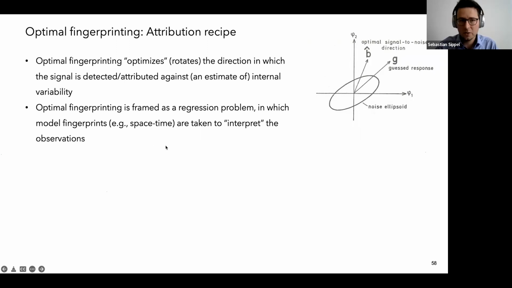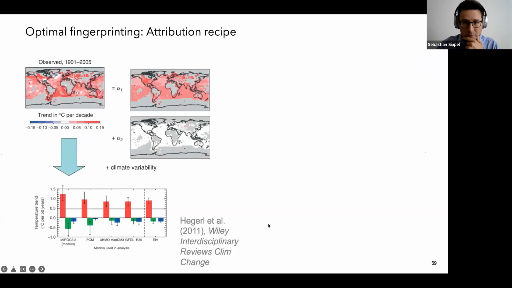This may sound a bit abstract, so I wanted to give an example based on a small schematic, taken from a paper by Gabi Hegerl in 2011. If you're curious, or want to go in this direction of optimal fingerprinting in your PhD research, this is the one paper I would recommend, where you get an easy reading of how this algorithm works before you dive into the more specific statistical literature.